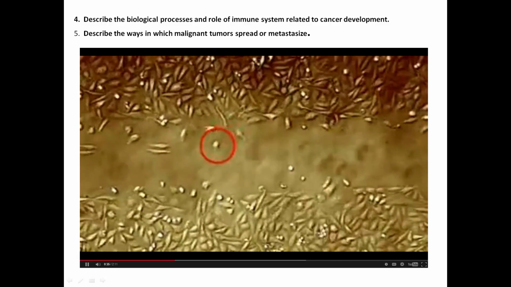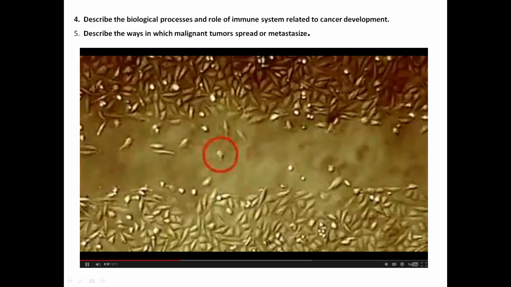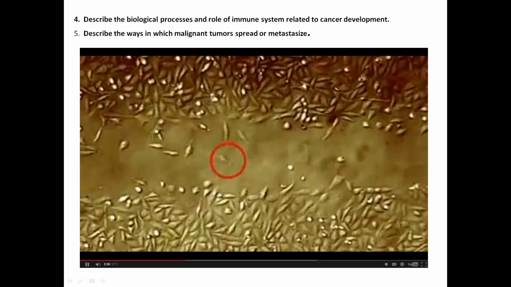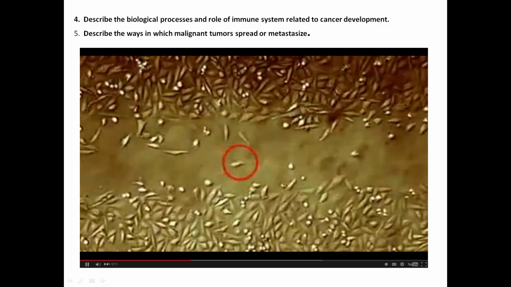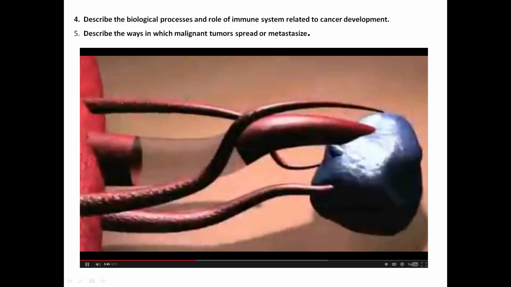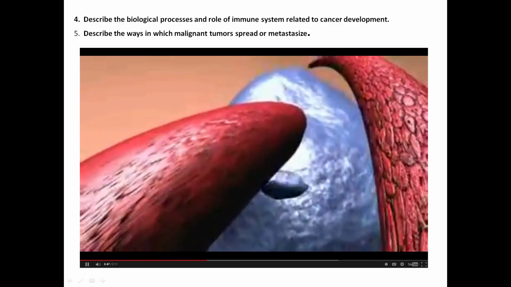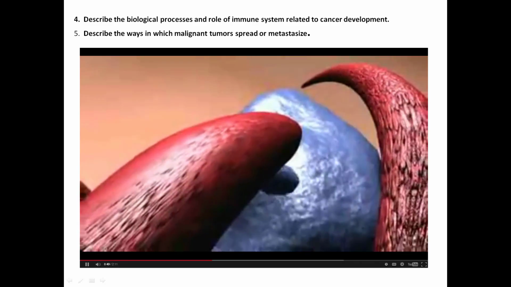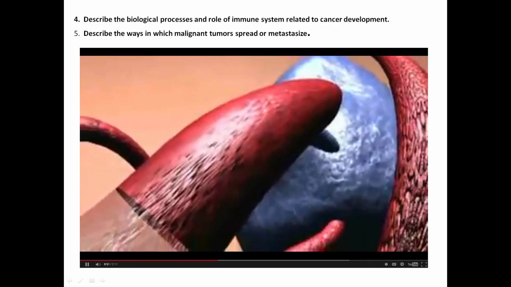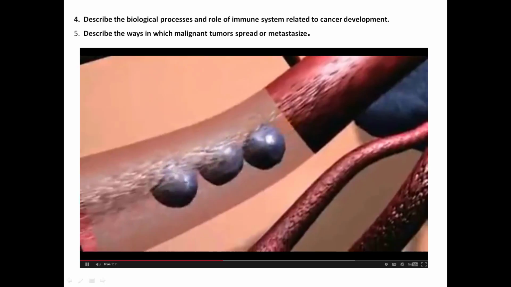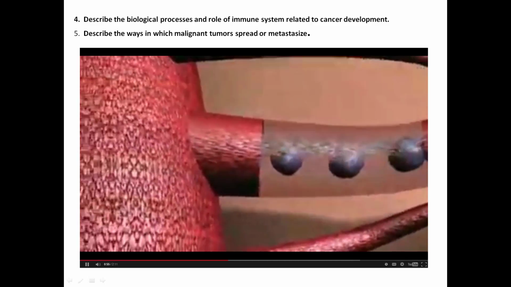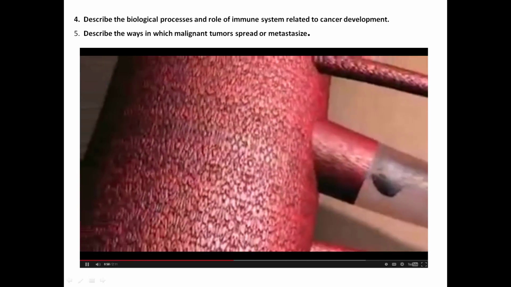A trip through the body is full of hazards that cause the death of most cells that begin the journey, even tough cancer cells. To begin the process, individual cells must break away from the tumor and invade nearby vessels. The cells crawl along the surface of other cells and the fibrous, stringy structure surrounding them and then force their way in.